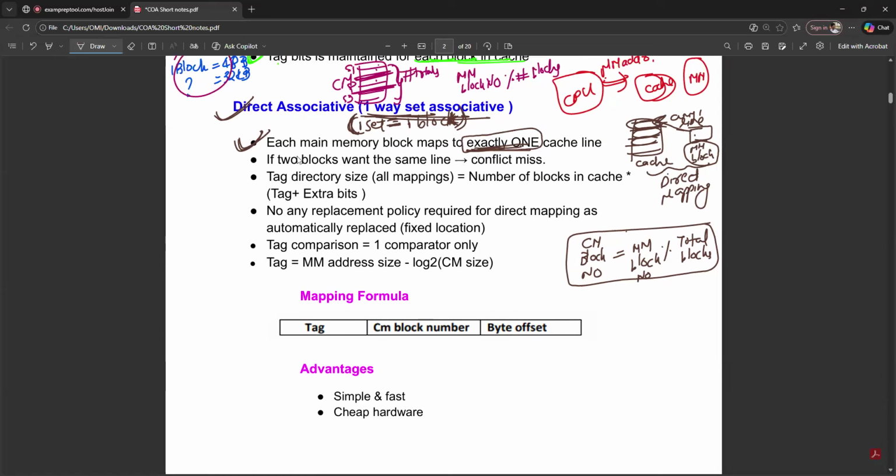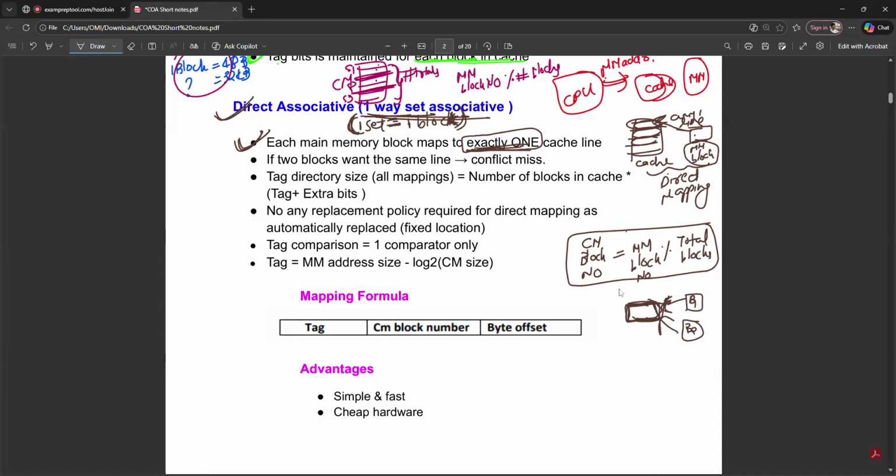Now if two blocks want the same line, say this is block b1 and this is block b2, and this is the line they want, they both map to the same line.